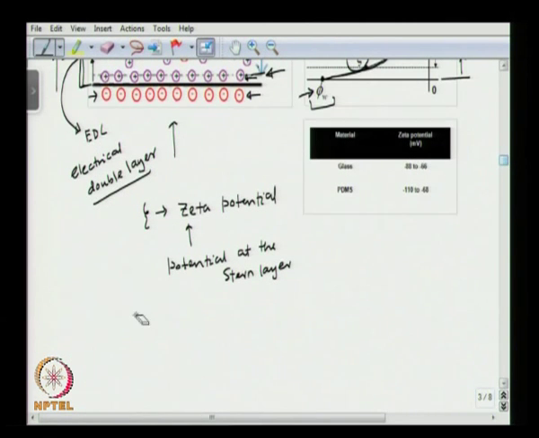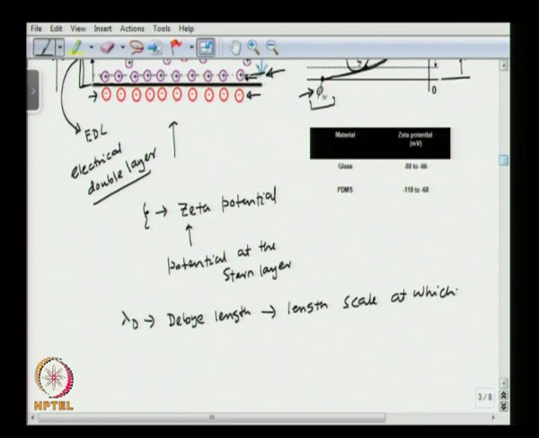So lambda d is called Debye length, which is the length scale at which the potential reduces to 0 in the bulk liquid, okay.